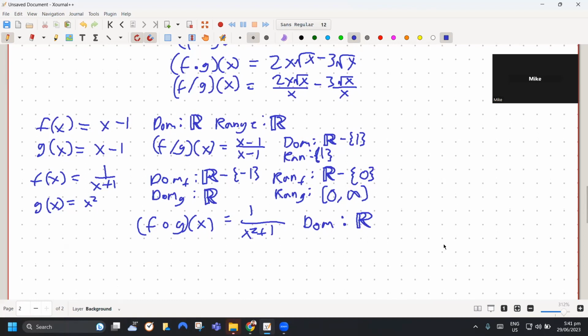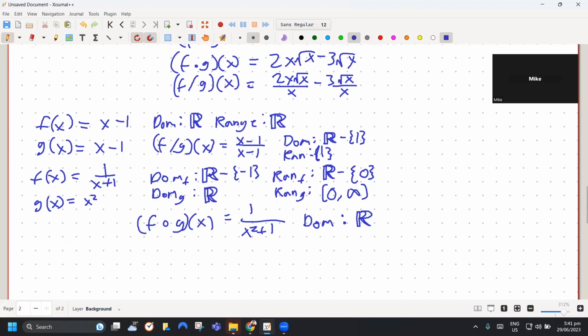Ang magbabago dyan, yung range. Yung range ng F circle G, if you look at the expression, ano yung mga allowed values ng range? So ano yung range ng F circle G?